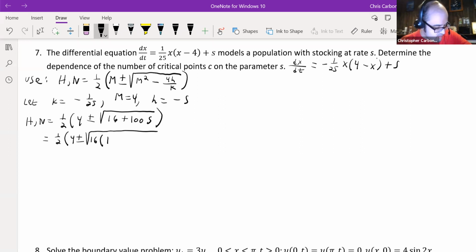16 times 1 plus 25/4 times our value of s.